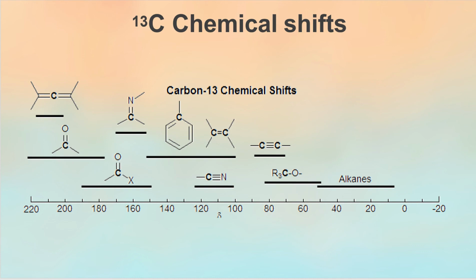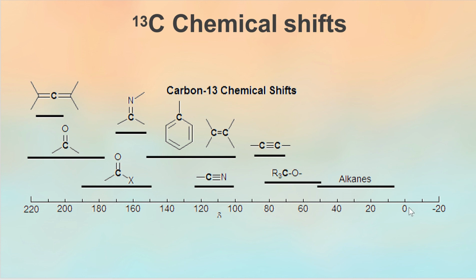So as we did for our proton chemical shift, you need to also be familiar. You will not be getting a chart for the final exam, so you need to be very familiar with your proton chemical shifts as well as your carbon-13 chemical shifts. So just know your values. In this case, our carbon chemical shifts, as we said, have a longer range.